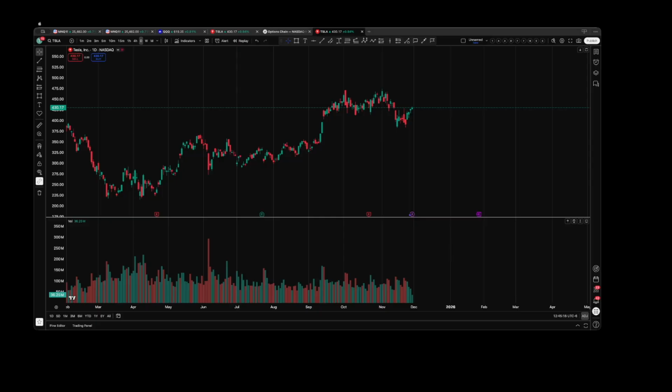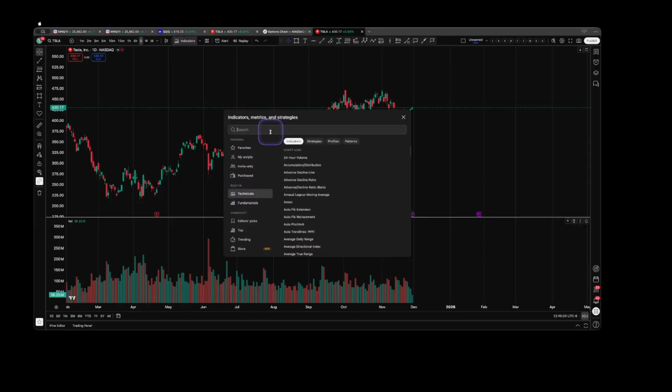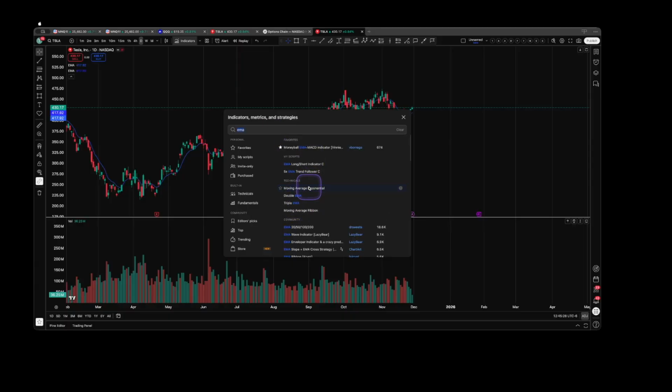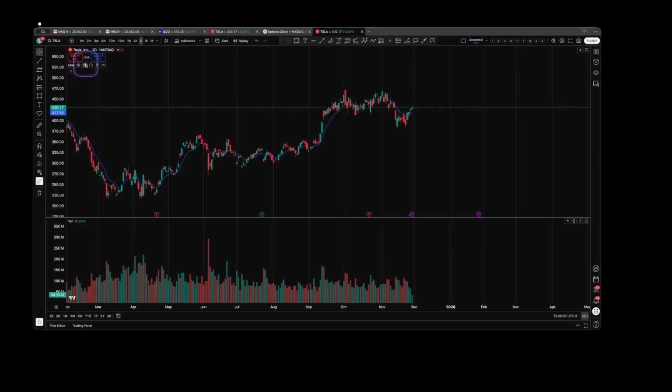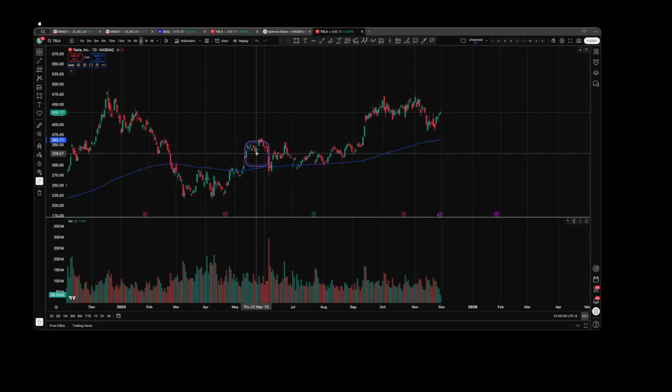And the next indicator is the 200 EMA. All these EMAs are helpful, but 50 and 200 EMAs are super helpful because they give us a bigger picture of what is happening.